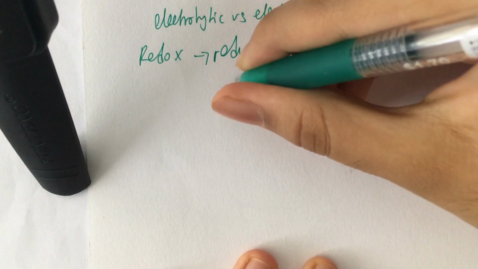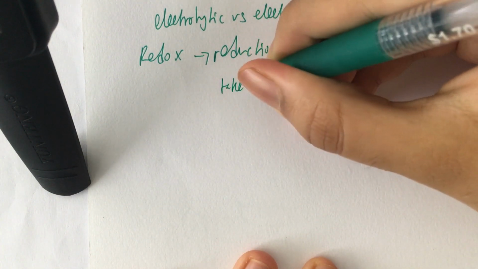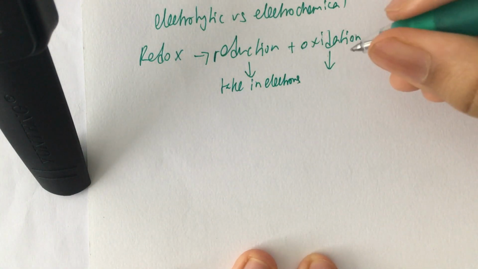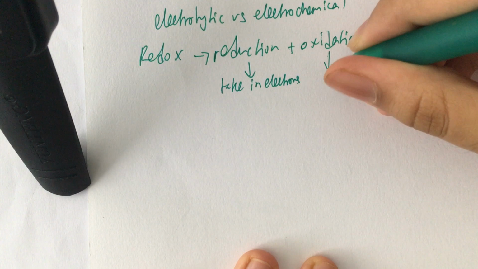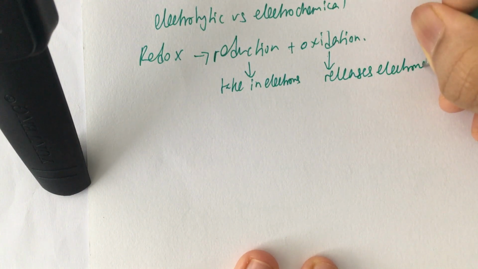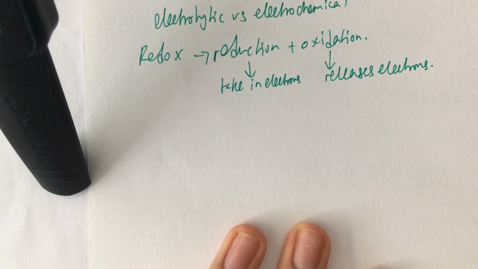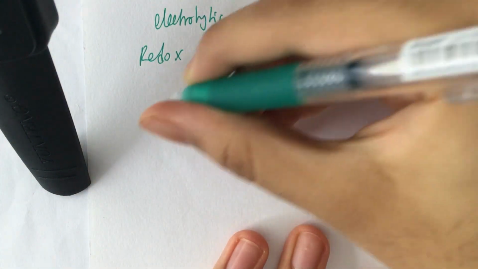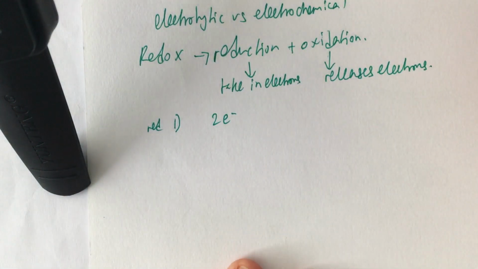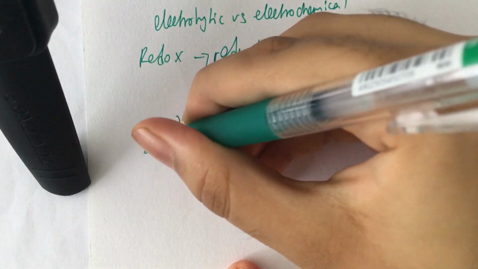For example, if one species requires two electrons to reduce, and the other one will release three electrons when it oxidizes, then when you balance it, you have to make sure that the total electron transfer is the same for both species.